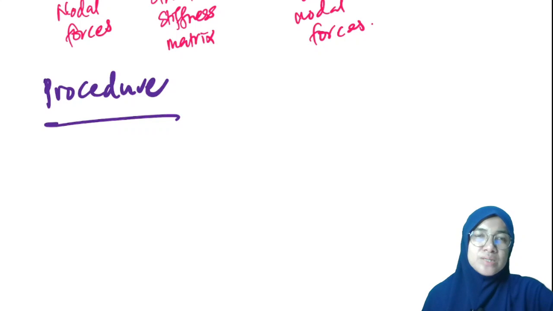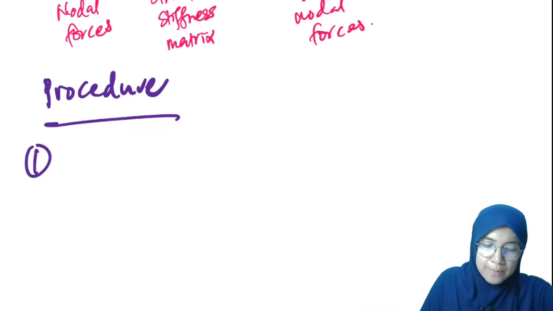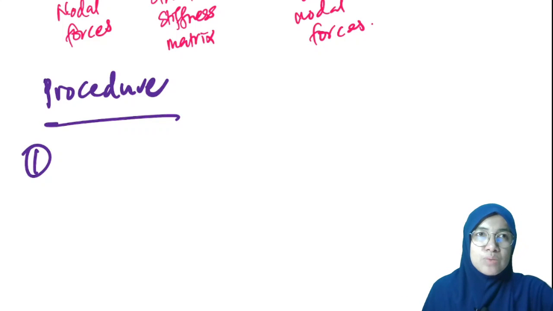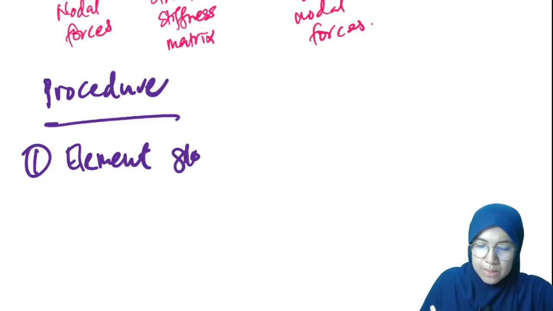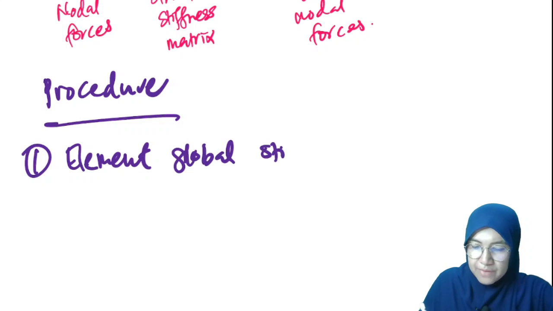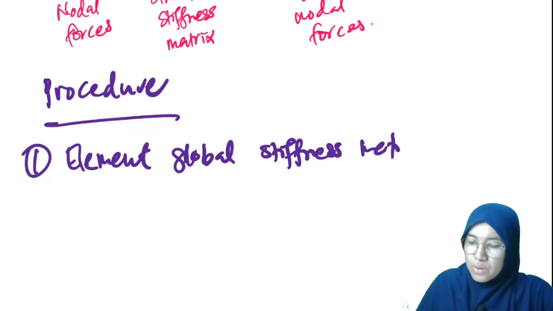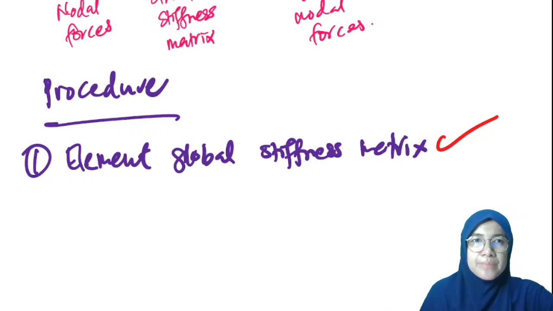However, if the question asks you one by one, for example, step number one, we need to establish the element global stiffness matrices. So this one is compulsory. Element global stiffness matrices is a compulsory step.